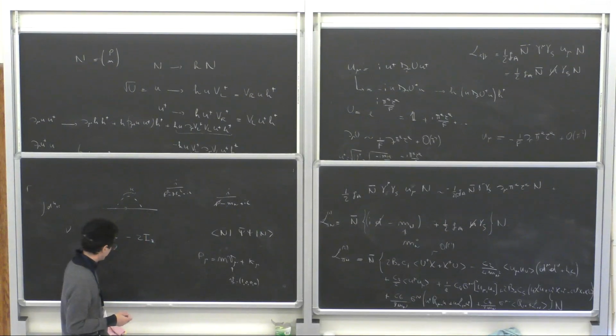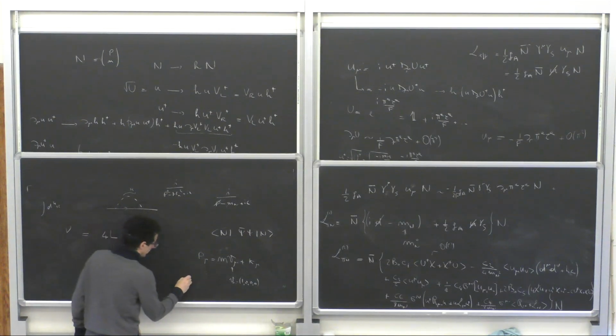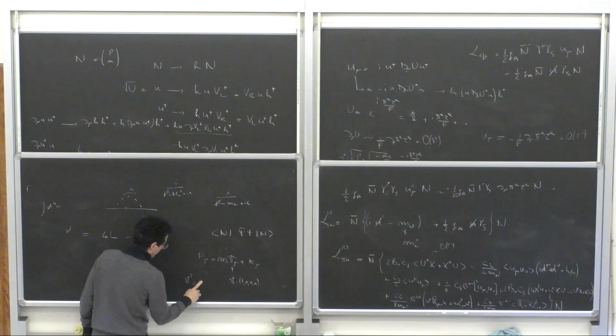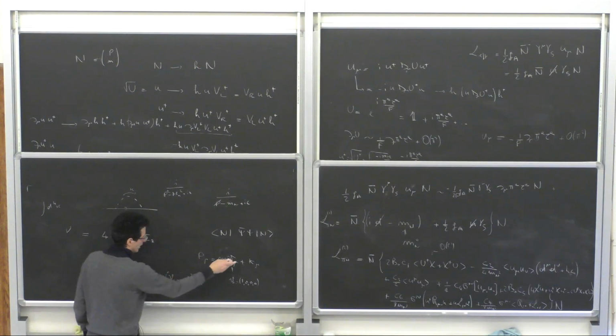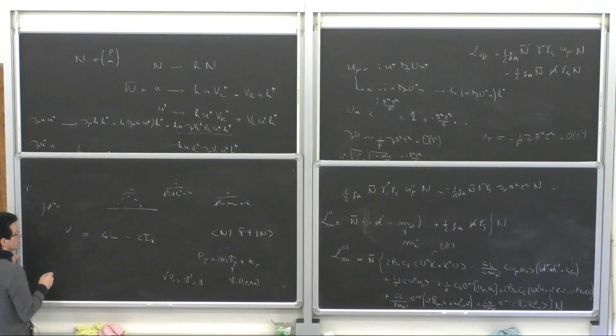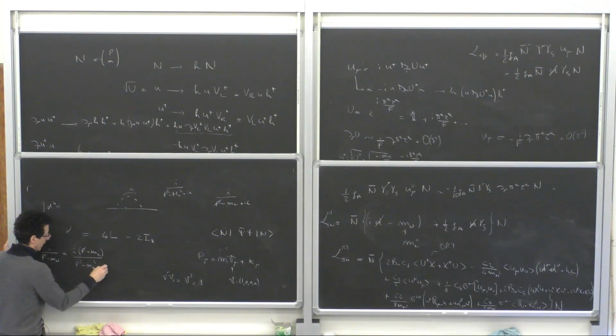And you see the nucleon propagator. Remember that this four-velocity satisfies v mu squared equals 1. So for the nucleon propagator, p-slash minus m nucleon, you multiply in the usual way by p-slash plus m_N, and then in the denominator you have p squared minus m_N squared plus i epsilon.